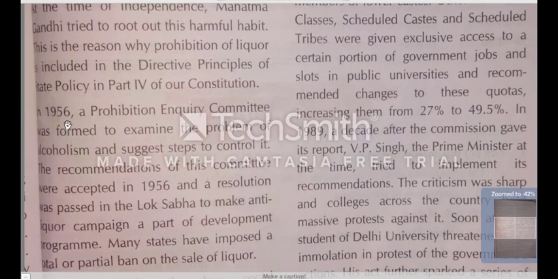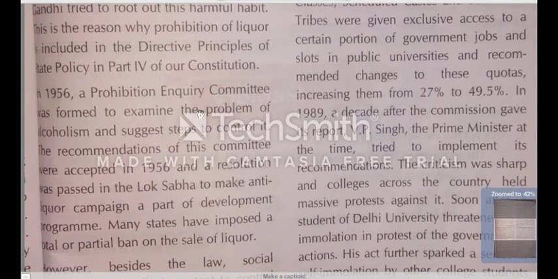In 1956, a prohibition inquiry committee was formed to examine the problem of alcoholism and suggest steps to control it.